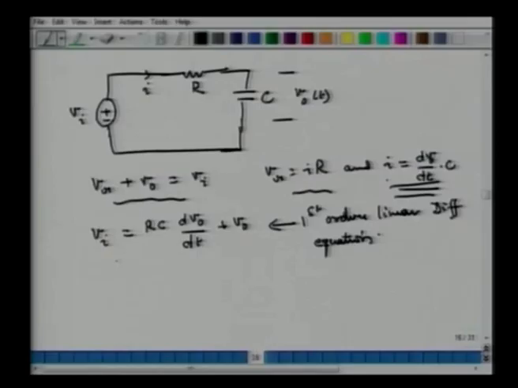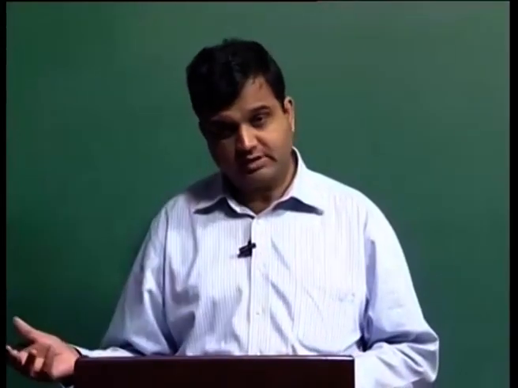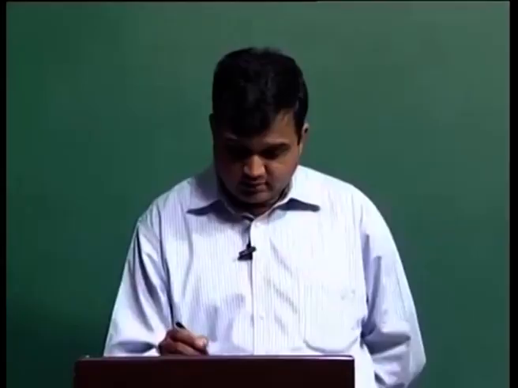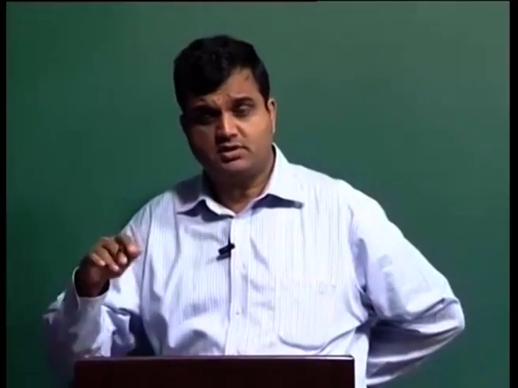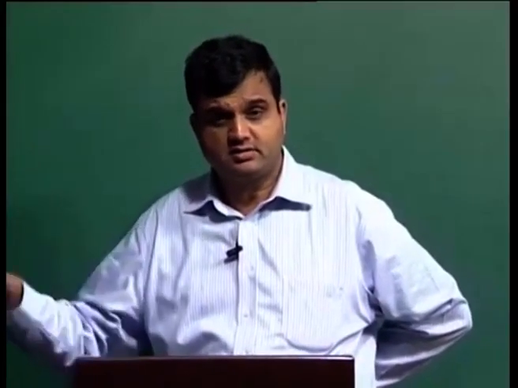When we try to solve this equation, a very general solution will have two parts. One will be what we call a homogeneous response, and the other will be a particular response. The homogeneous response will be highly transient in nature, so after a certain period of time it will decay.